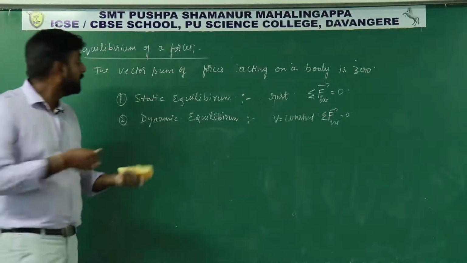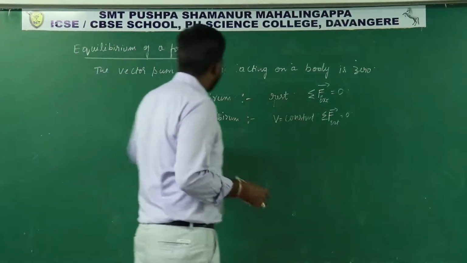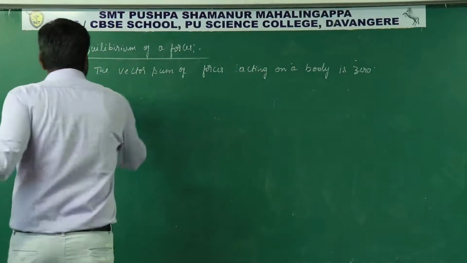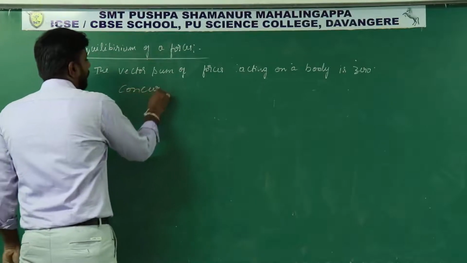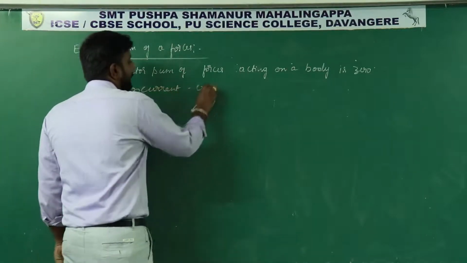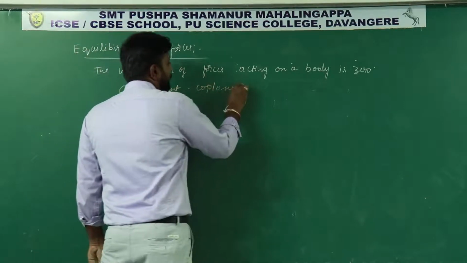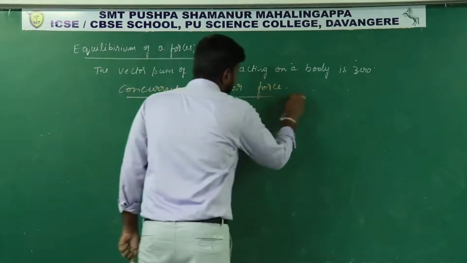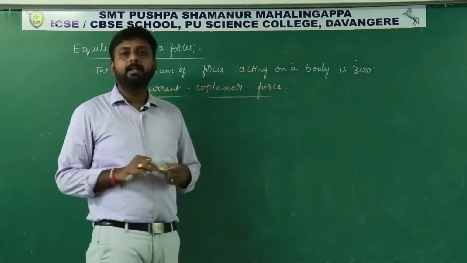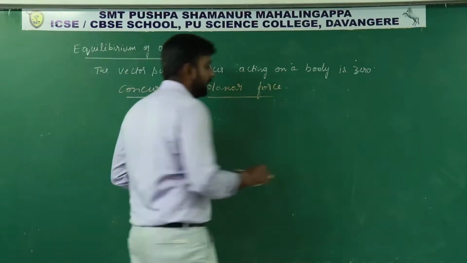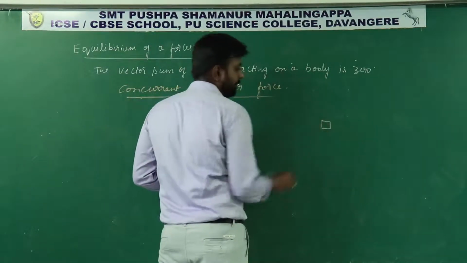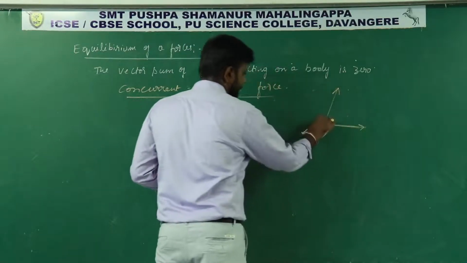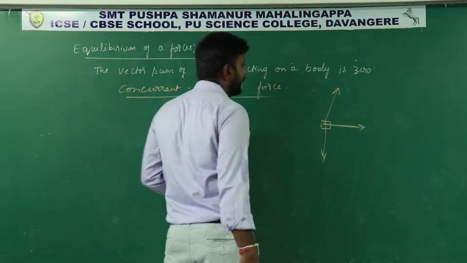So to understand this concept, equilibrium of a force, let us take concurrent, coplanar forces. So what is this concurrent coplanar force? Let us take on this body different forces may act, one force in this direction, another force in this direction, one more force in this direction, like that.